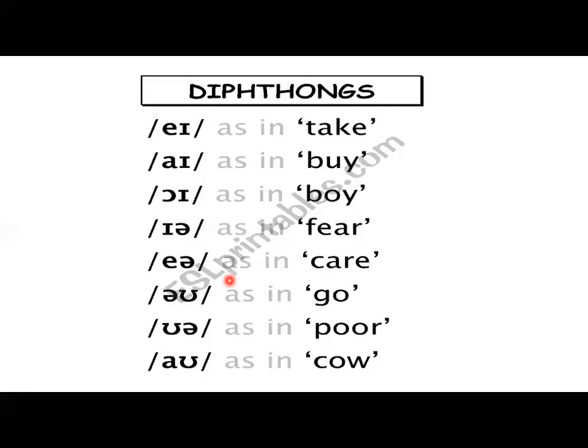For example, in the word go, G-O, we Indian people say go. But it is not go. Its correct pronunciation as per the standard pronunciation, or RP, or IPA sounds.